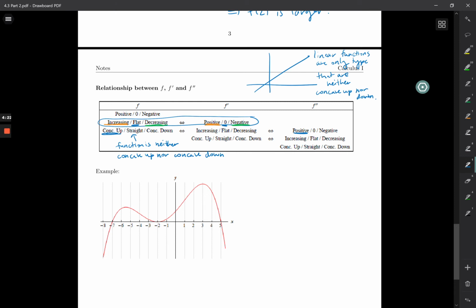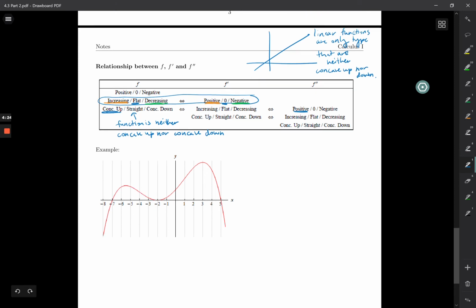Okay, so here we have an example, and we're given this graph, and suppose this is the graph of the second derivative of some function f. Right, and so if we think about this, given this function, what information do we have about the original function?